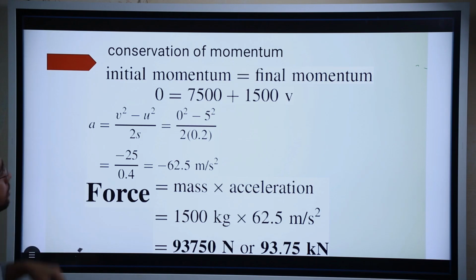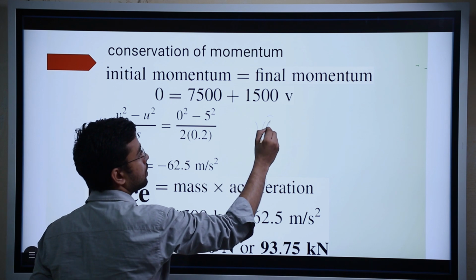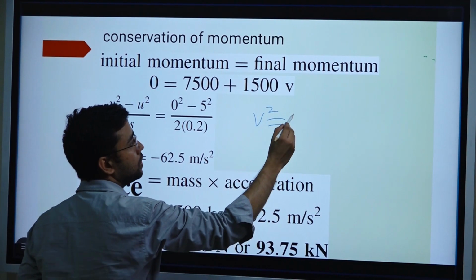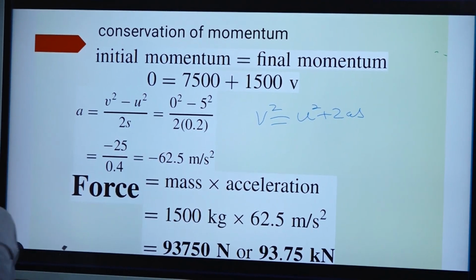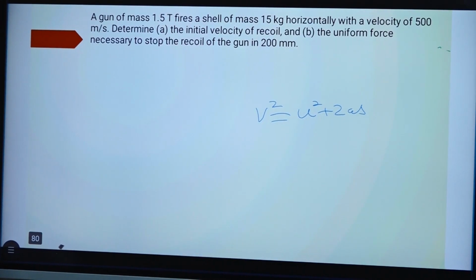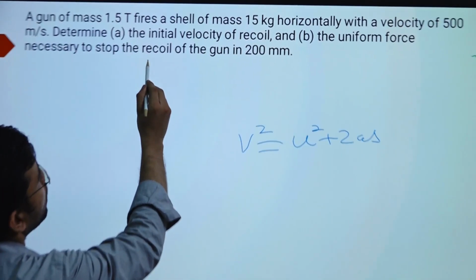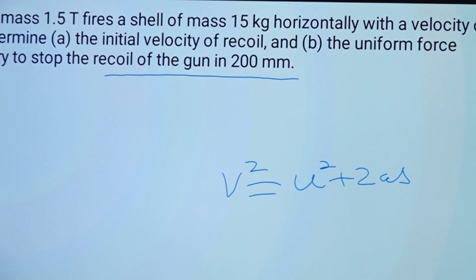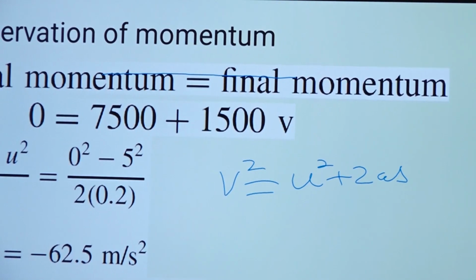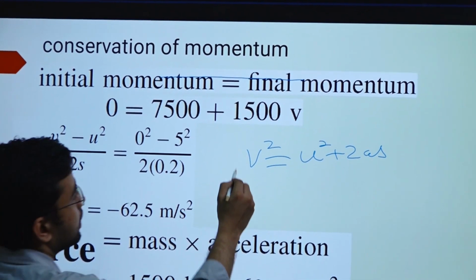So we will apply the third equation of motion, v square is equal to u square plus 2as. In the previous question, what is given? The recoil of the gun is 200 millimeter. If the recoil is 200 millimeter, you can apply this third equation of motion.